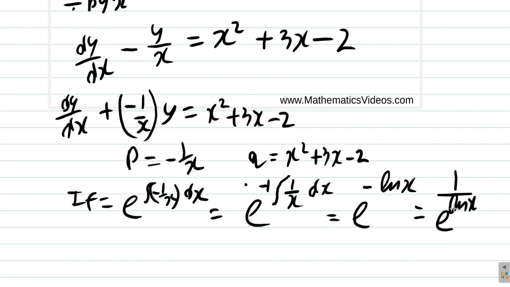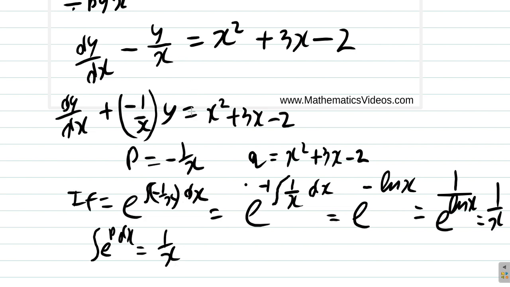E and ln would cancel each other. E to the power would be the antilog and ln would be the log. So antilog and log cancel each other. So what you have is x, so it's 1 over x. So therefore, e to the integral of p dx, in this case, turns out to be 1 over x.